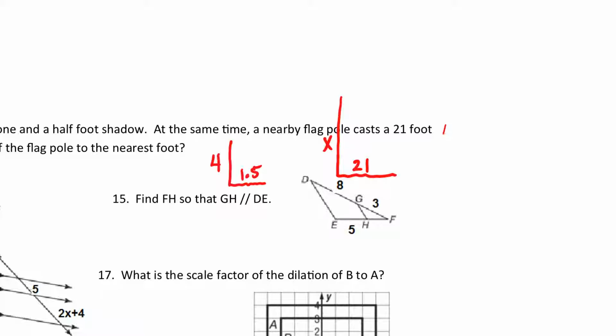All right, so again, just a simple proportion. 4 is to x, as 1.5 is to 21. So 1.5x equals 84. And is it 56? Yeah? Okay. 56 feet.